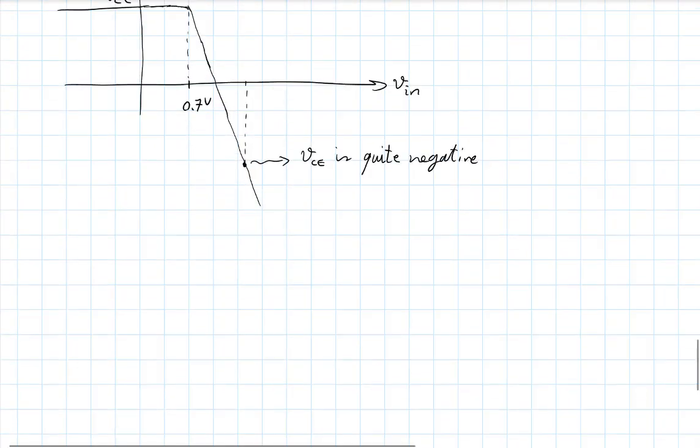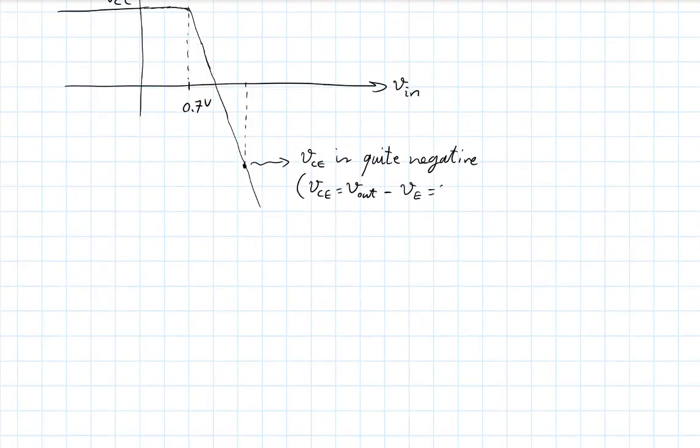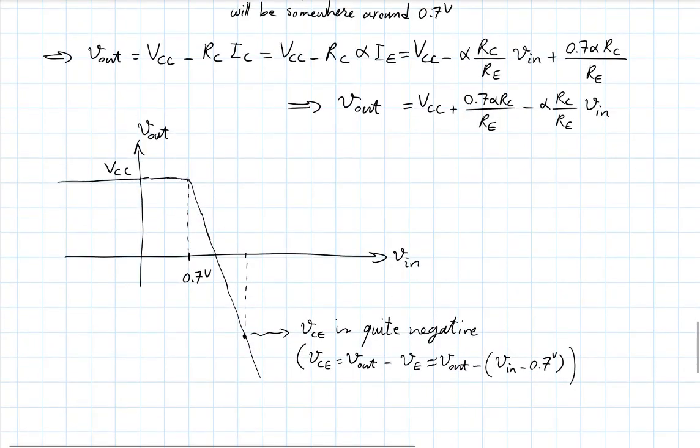Because remember, VCE is Vout minus VE, which is approximately Vout minus Vin minus 0.7 volts. Now, if Vout is negative and Vin is positive, this is going to be a negative value. So what's wrong with that? What's wrong with VC being a negative value?